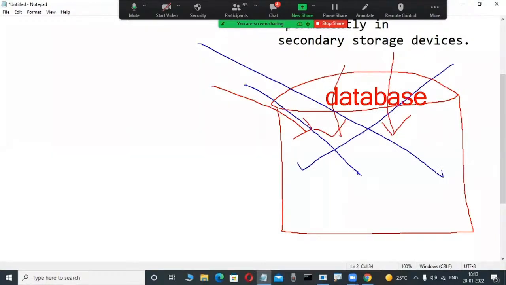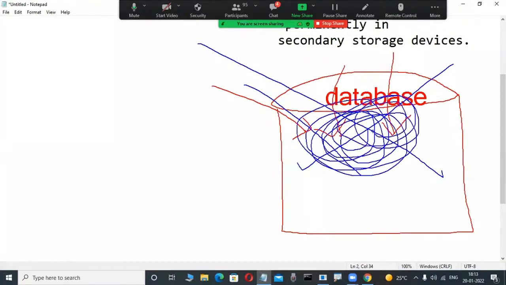Actually, Oracle, SQL Server, DB2, Sybase, Informix, Ingres, Teradata, these types of databases do not store a random collection of data.